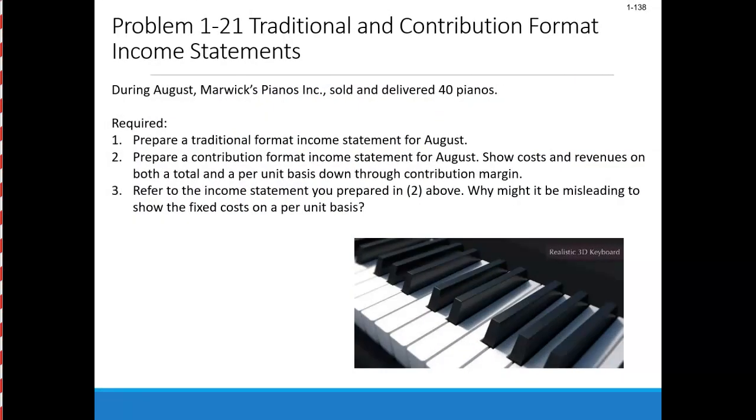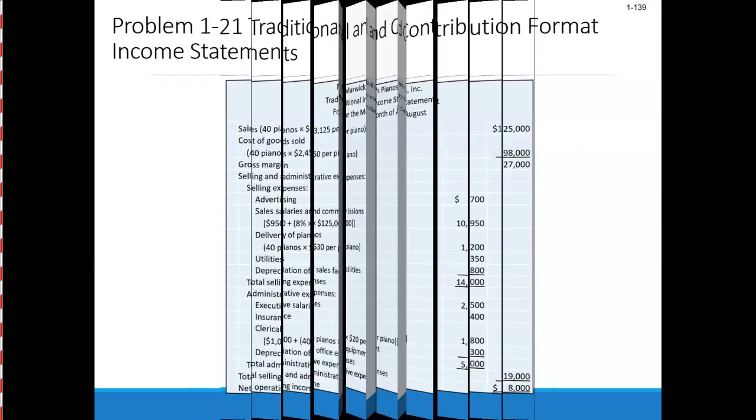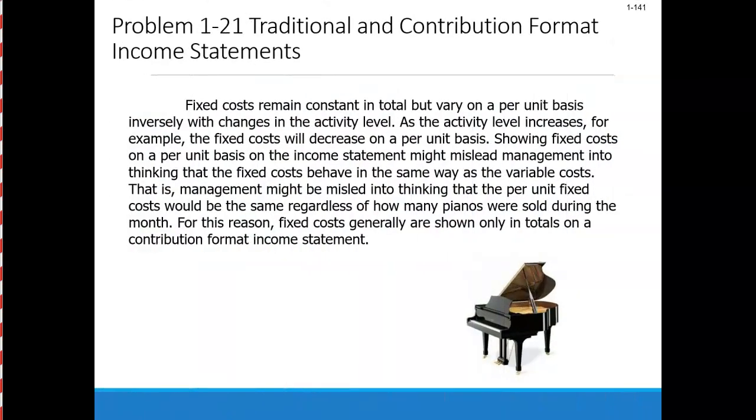Now they asked a question here. Refer to the income statement you prepared at the contribution margin. Why might it be misleading to show the fixed cost on a per unit basis? So fixed costs, no matter what, are still constant. But as you sell more, the fixed costs per unit go down.